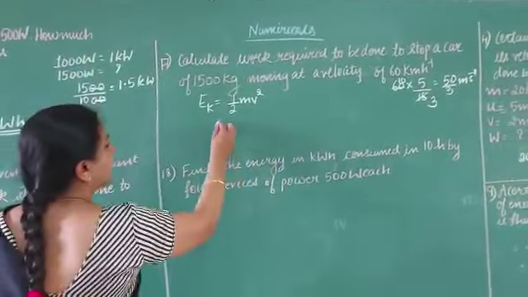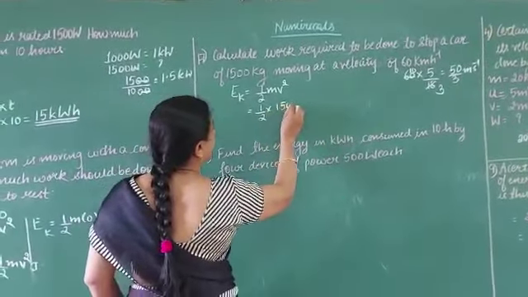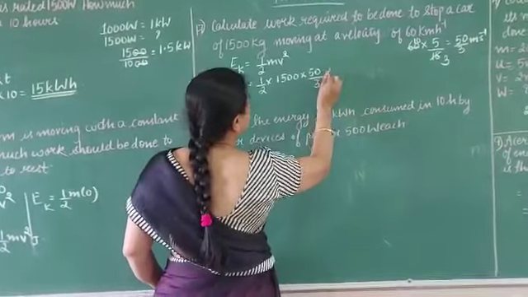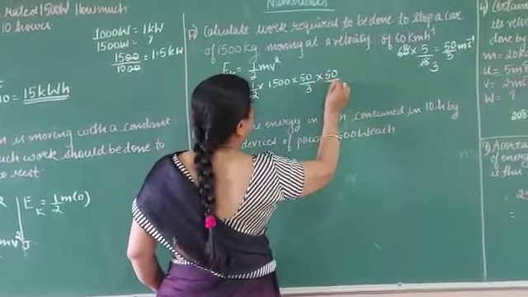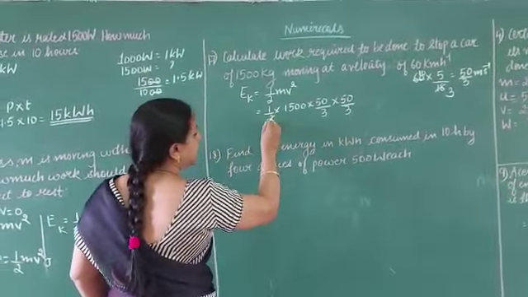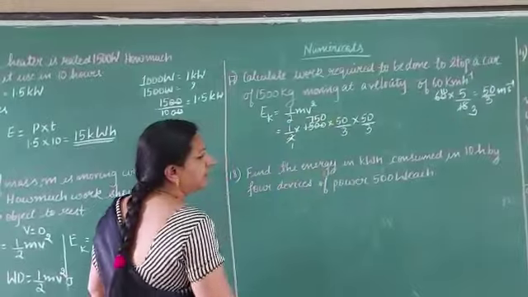Okay, so now this will be equal to half into 1500 into 50 upon 3 into 50 upon 3, that is v square. So this will be 750. Okay, this will be equal to 750.